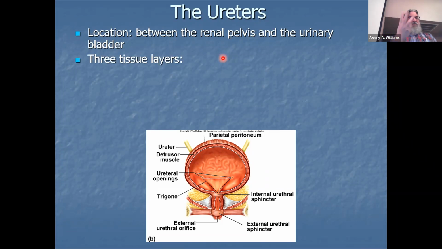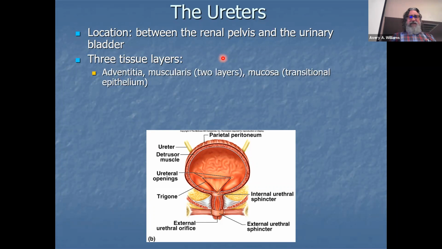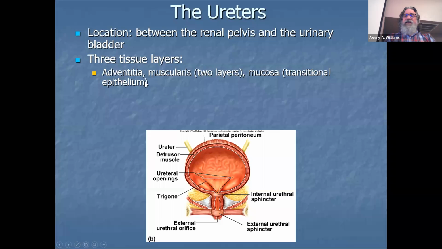Histologically, there are 3 layers. Remember, there's always 3. An adventitia, a muscularis, which is in 2 layers of muscle, and a mucosa, with transitional epithelium.